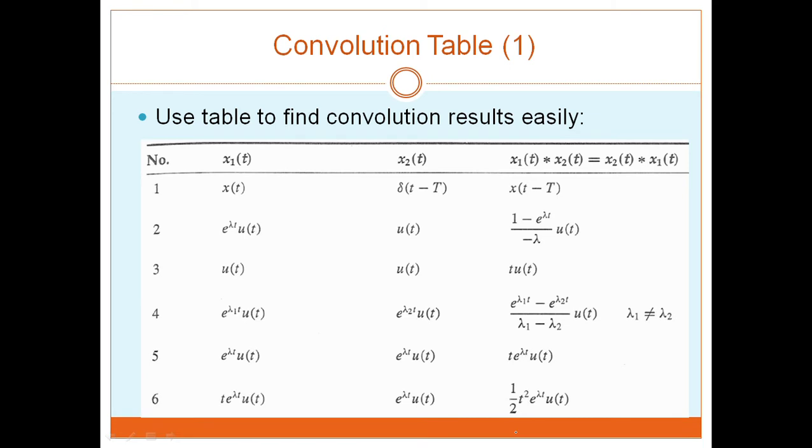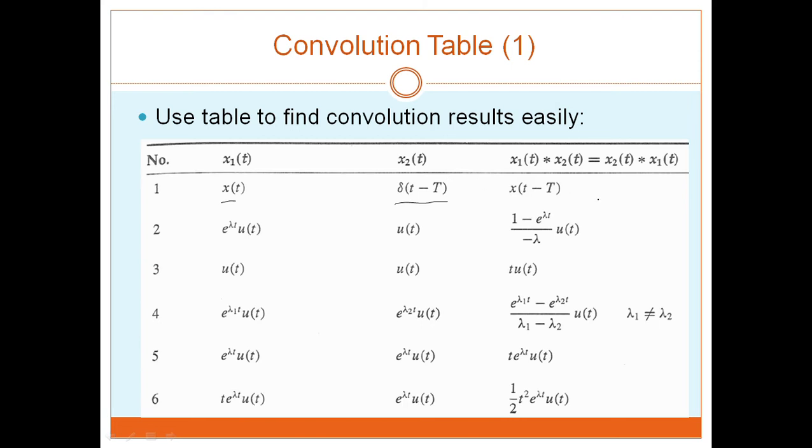Basically, if we do this convolution repeatedly, we will see a pattern. This pattern has been analyzed and researched, so they have concluded it with a table. So what happens if x(t) is convolved with delta(t minus t1)?